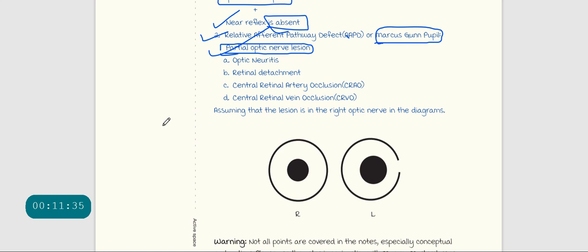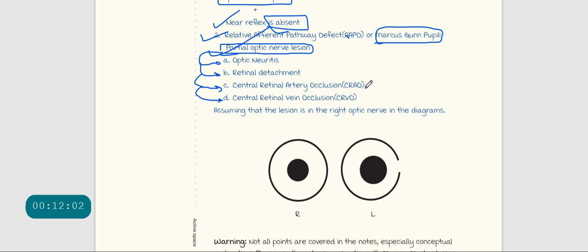What all can lead to this partial optic nerve lesion? These are optic neuritis, retinal detachment, central retinal artery occlusion, and central retinal vein occlusion. These are the four conditions which can lead to a partial optic nerve lesion.